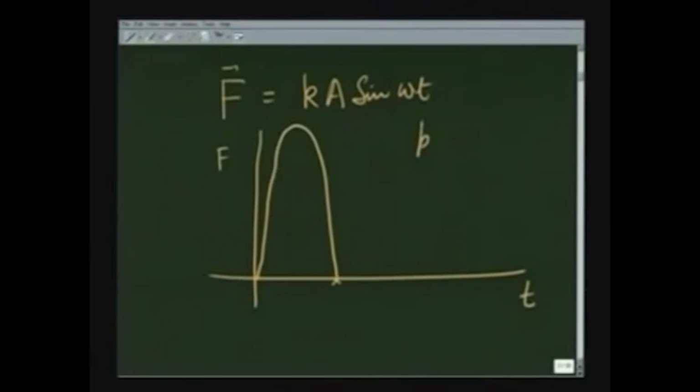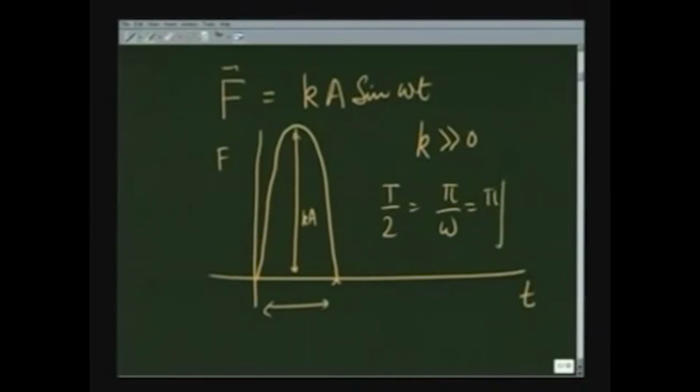Since k is much greater than 0, this peak, k a, is going to be very high, and the time is half the period, which is pi over omega, which is pi square root of m over k, a very small number.